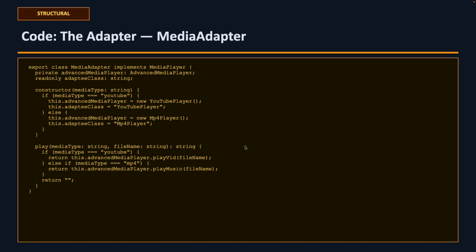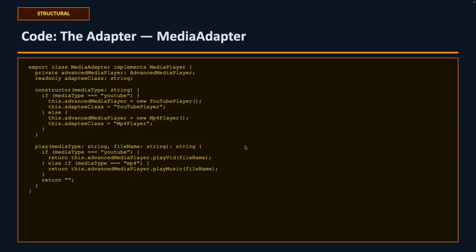Let's look at the media adapter. Two key things here. First, it implements the media player class. So to the client, this is a valid media player. Second, in the play method, it translates the unified call into the appropriate method on whichever adaptee it is wrapping.